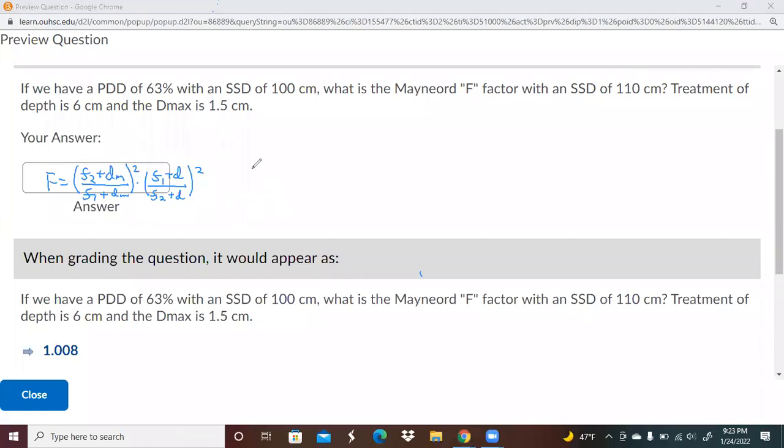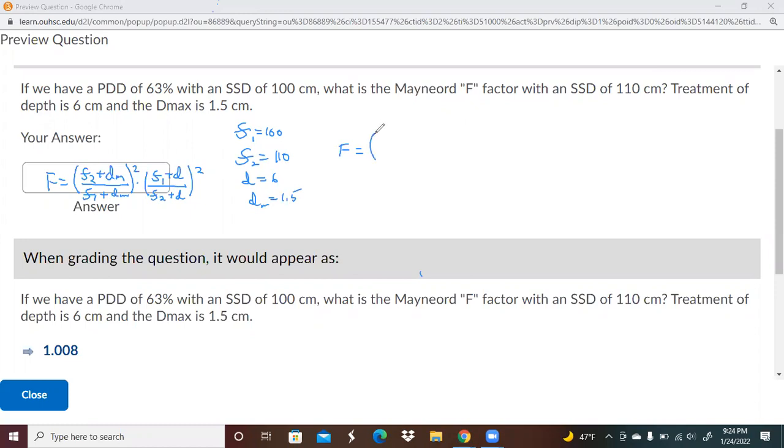So now let's go back to the drawing board. F sub 1 is where we started out. For this particular exercise, I just left it at 100, so that will not vary. We're going to change it to 110. The distance that we were looking at is going to be 6 cm. The max is going to be 1.5.